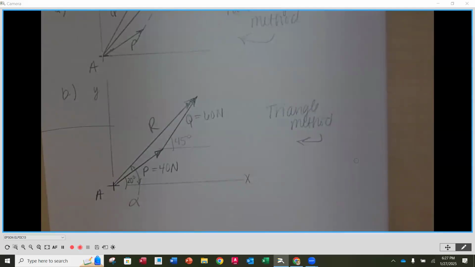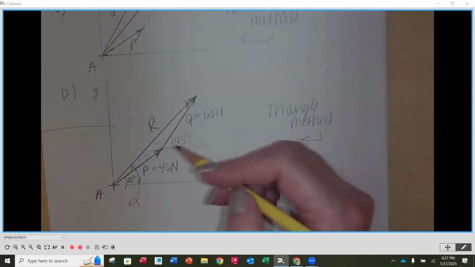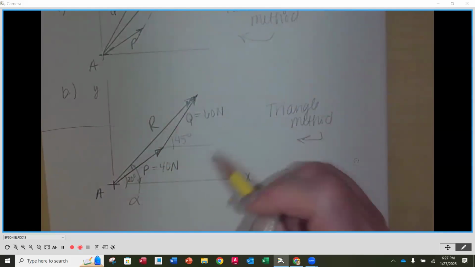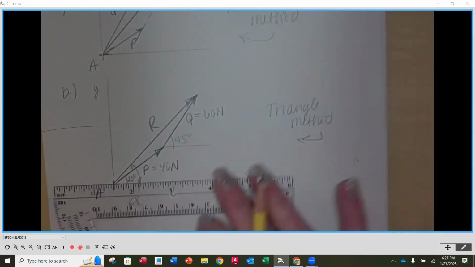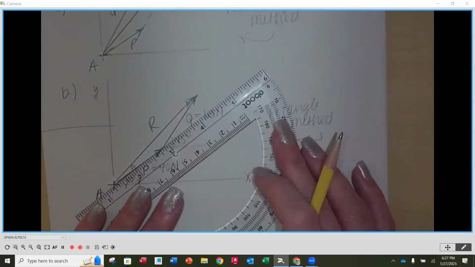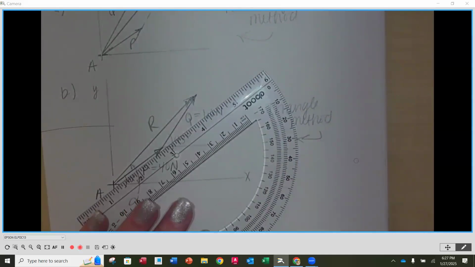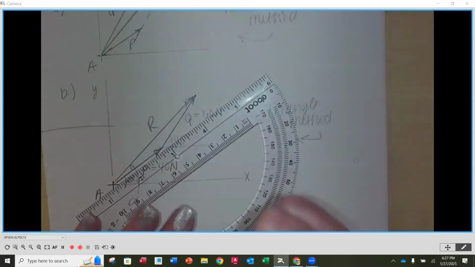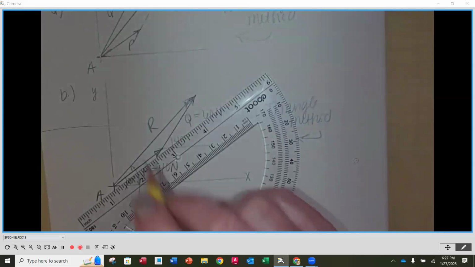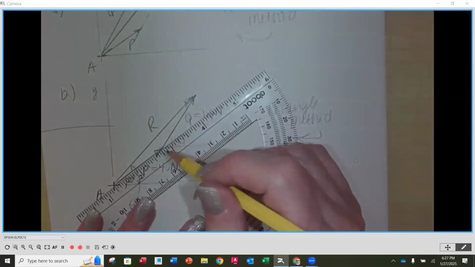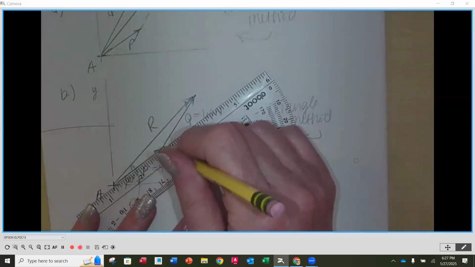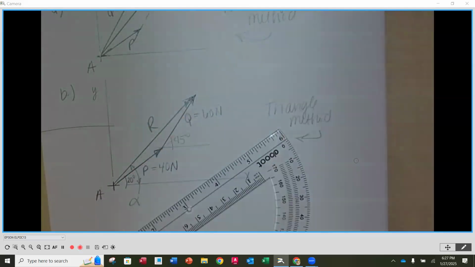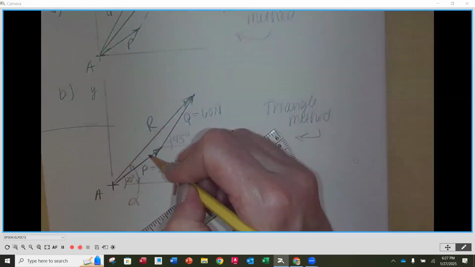Now, if we look at this, are there any internal angles of this triangle that we can get? Yes, the big one, the obtuse angle.